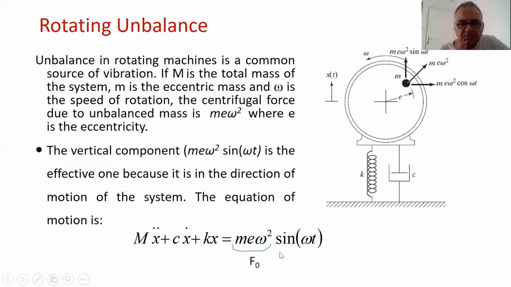And if you look at this differential equation and compare with the previous case of direct forcing, we see that the amplitude of the forcing, which is F0 in that case, is equal to m e omega squared. So all the results we have derived, assuming that the force is F0, still hold if F0 is replaced by m e omega squared.